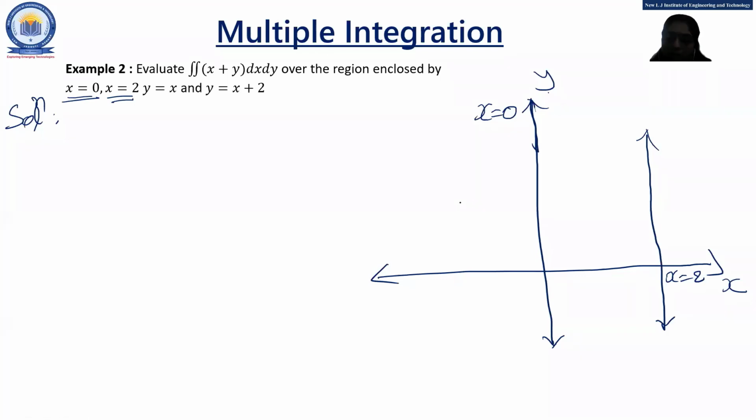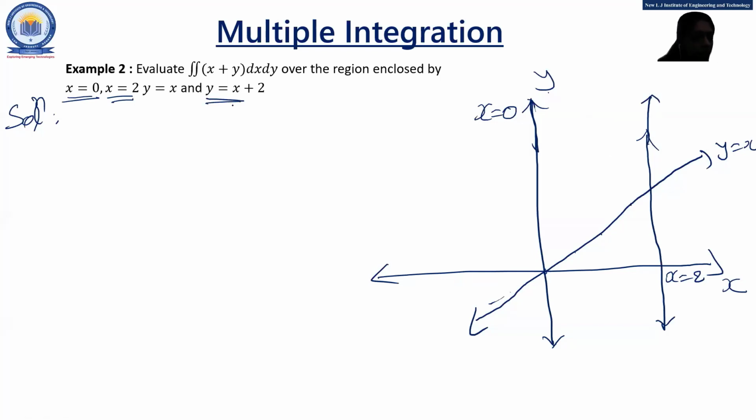Y equal to x means there is a line which passes through the origin. This is y equal to x. Students, for y equal to x, y and x both are the same. It means on this line there are points 1, 1, 2, 2, 3, 3, 4, 4, like that, right? Now, next one, y equal to x plus 2.